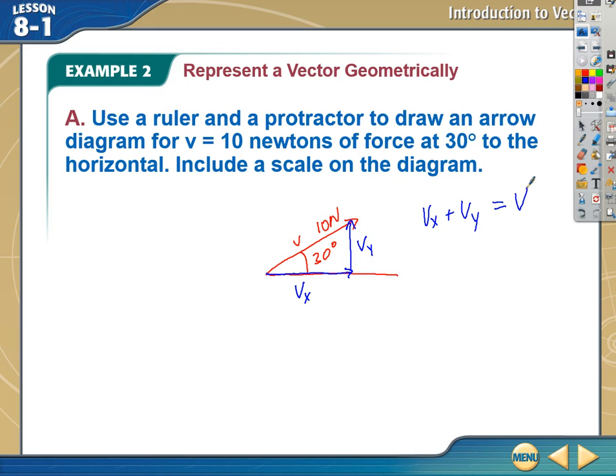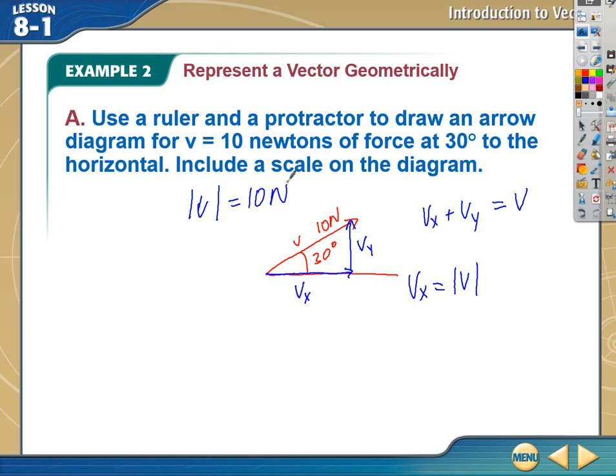But I want you to also know, how do I find out what Vx and Vy are? Vx is equal to the magnitude of V, which I denote like that. So what's the magnitude of V? The magnitude of V in this case is 10 newtons.